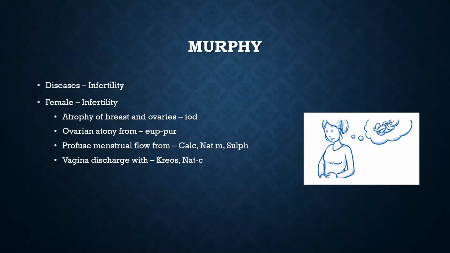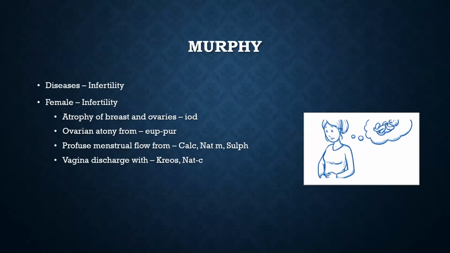Under Murphy's repertory, go to the chapter disease, you will find again infertility, and female, again infertility. These two infertility rubrics are one and the same. And apart from that, under the chapter female, the sub rubrics of infertility are atrophy of the breast and ovaries. If at all infertility accompanies with the atrophy of the breast and ovaries, we can think about iodine, which is the only remedy which is given in Murphy's repertory.